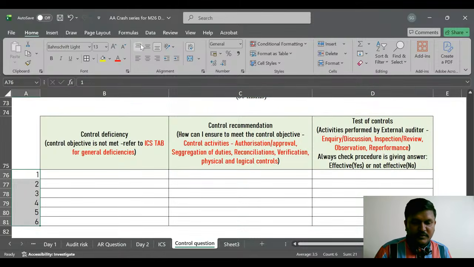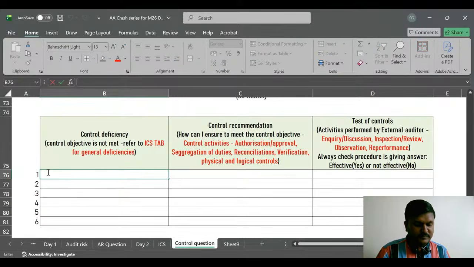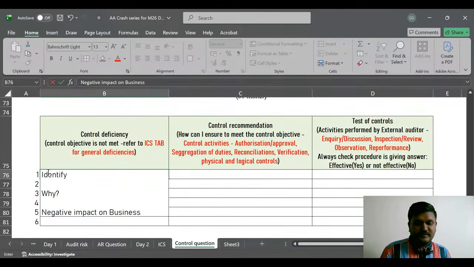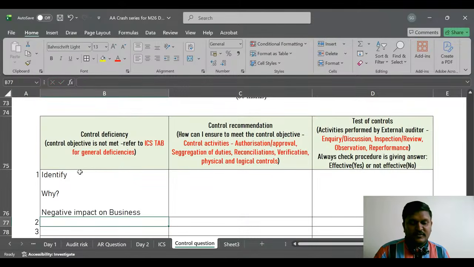The first one again will be following the same concept over here. I'll have identify. Okay, what is the next thing? If I identify, what is the next thing I'll be going with? Then again, here we'll be going for negative impact on business. So this is what we'll be going with relating to these particular areas.